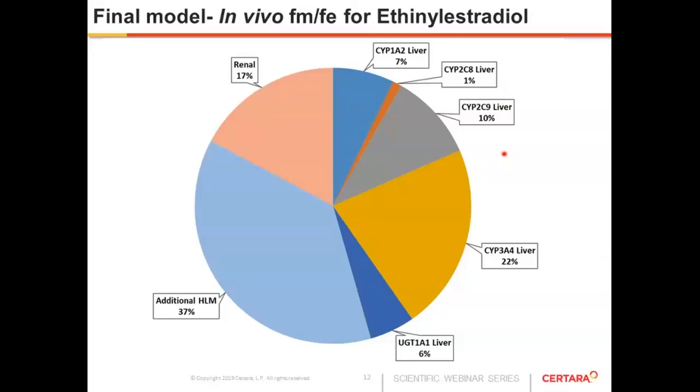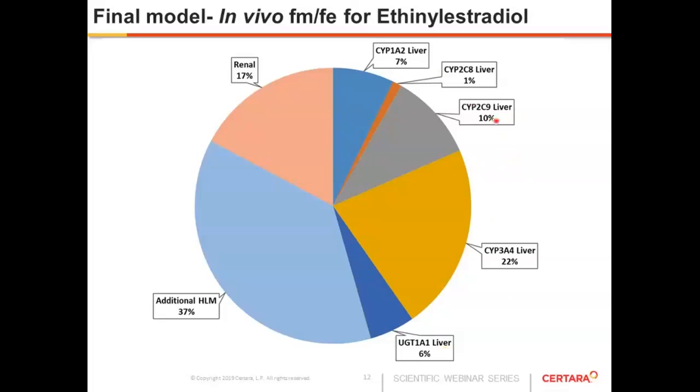For individuals that do not express these polymorphic enzymes, CYP2C9, actually CYP2C8 as well, and UGT1A1, you have an increased risk. So you have a higher risk when an individual doesn't express more than one of the pathways.